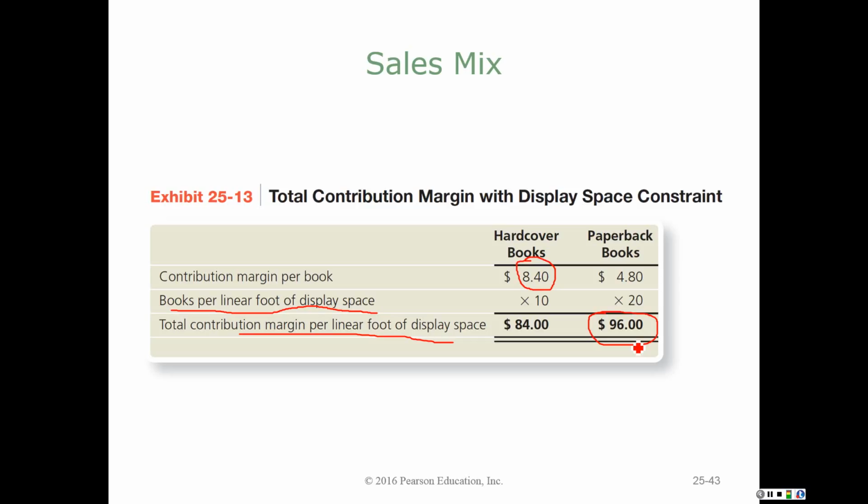We do have a constraint, and how many people in an airport are likely to buy a heavy hardcover book as compared to a paperback? But how many of our airport people are avid readers and they want that hardback book in their collection? So we have to take into consideration more than just contribution margin.